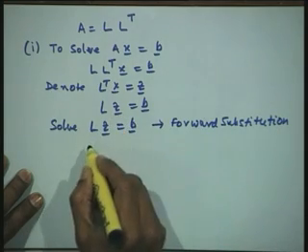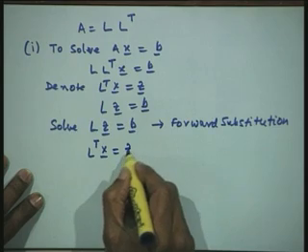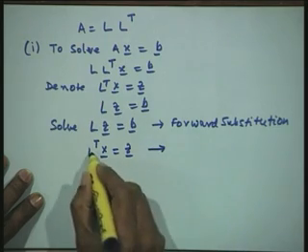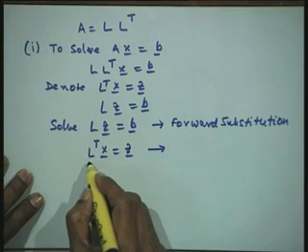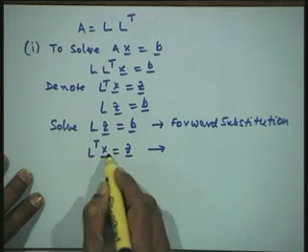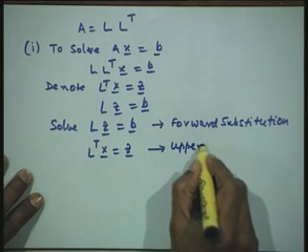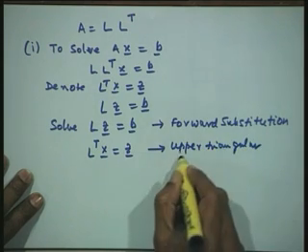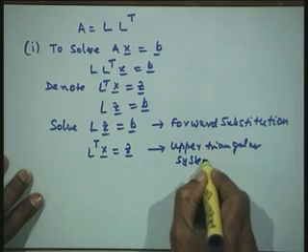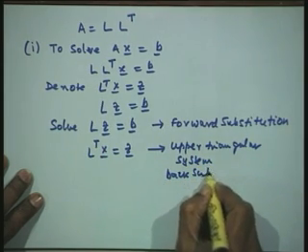Then we solve the first set, that is L transpose x is equal to z. L is a lower triangular matrix and therefore its transpose is an upper triangular matrix. So this will be an upper triangular system, therefore we shall use back substitution for solving it.